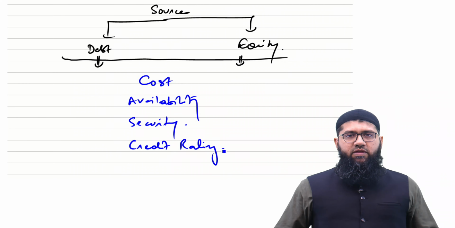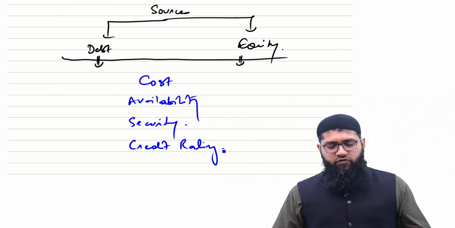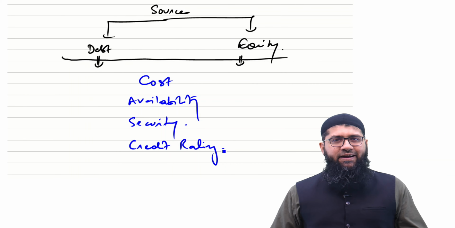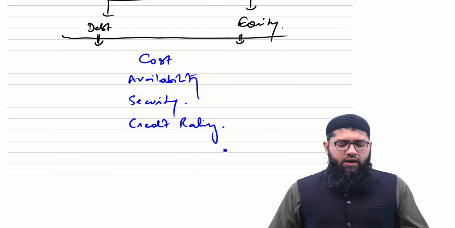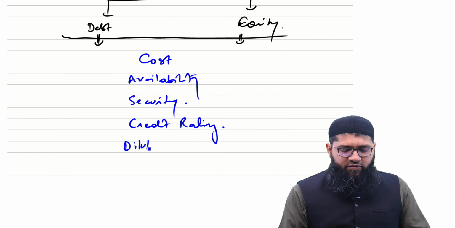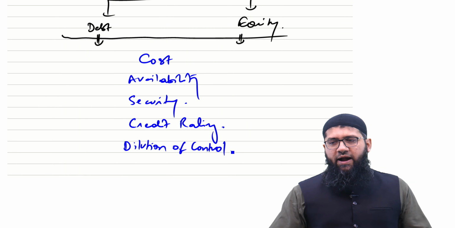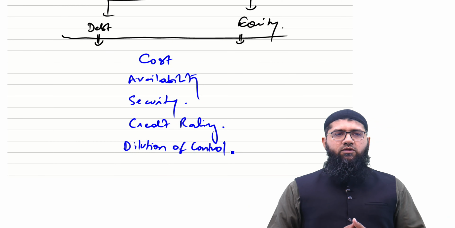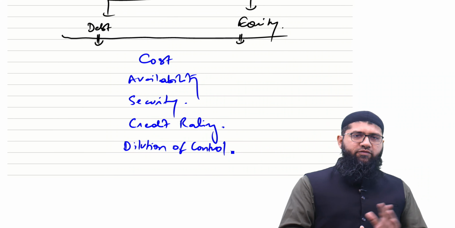So the cost of the funds, the availability of the funds, the security of the funds, the credit rating of the entity. Plus another important factor is the concept of dilution of control, because when you hand over your shares to somebody else, automatically there is a dilution of control.